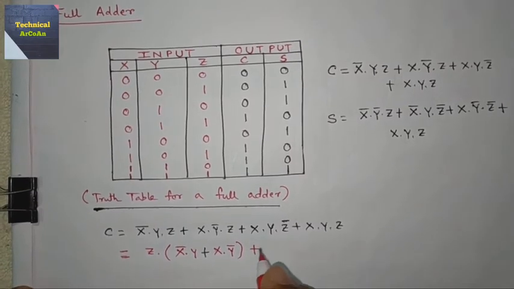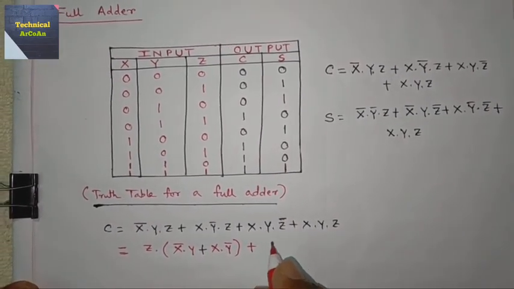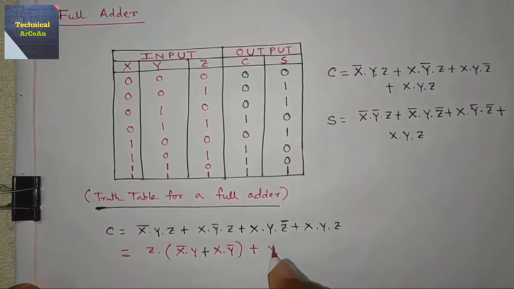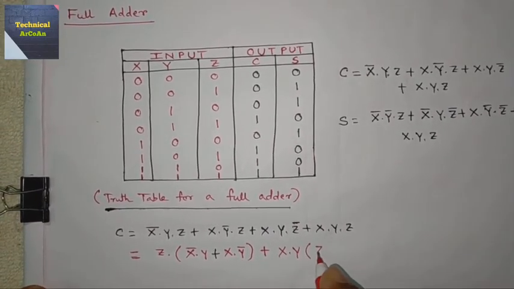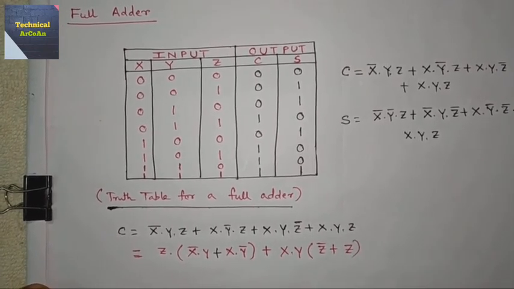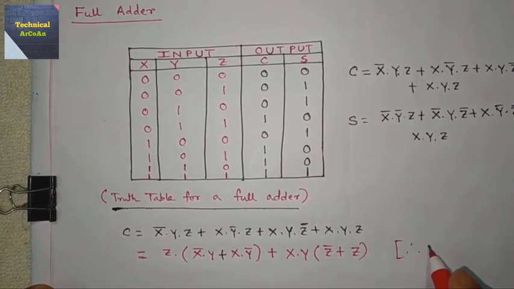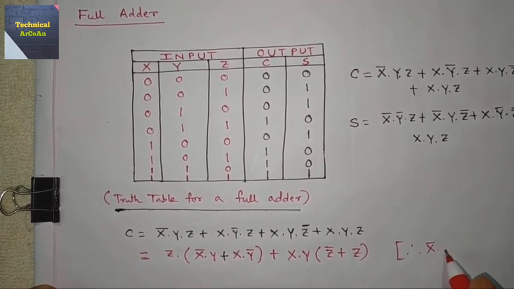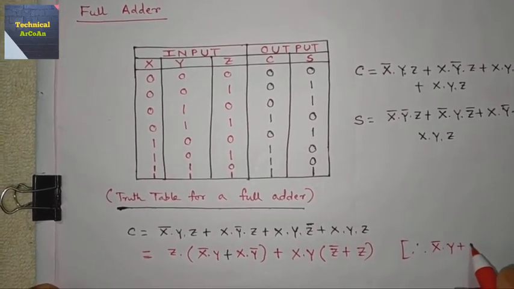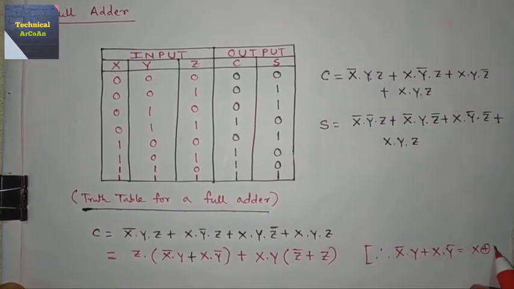Okay. And similarly from these two product terms, if we take common X dot Y, because both terms contain this, so X dot Y, and what is the remaining part, z complement plus z. Now we already know that x complement dot y plus x dot y complement is nothing but an XOR.